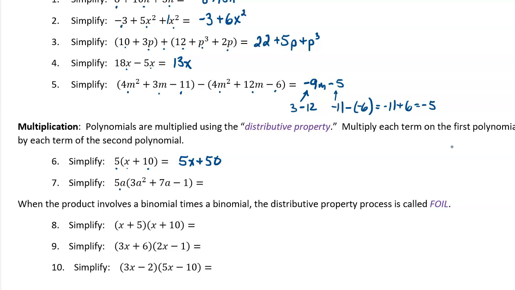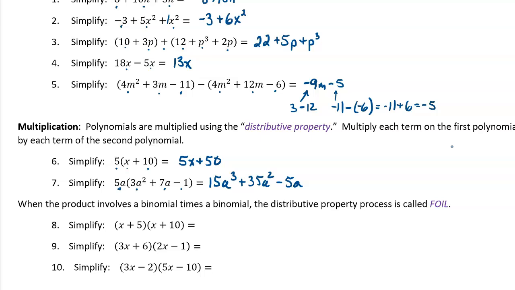Number 7, 5a times 3a squared is 15a to the third power. 5a times 7a is 35a squared. And 5a times negative 1 is negative 5a.